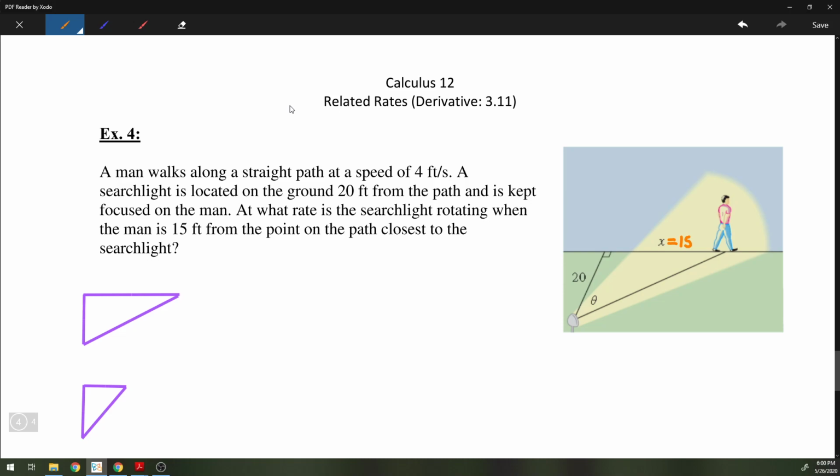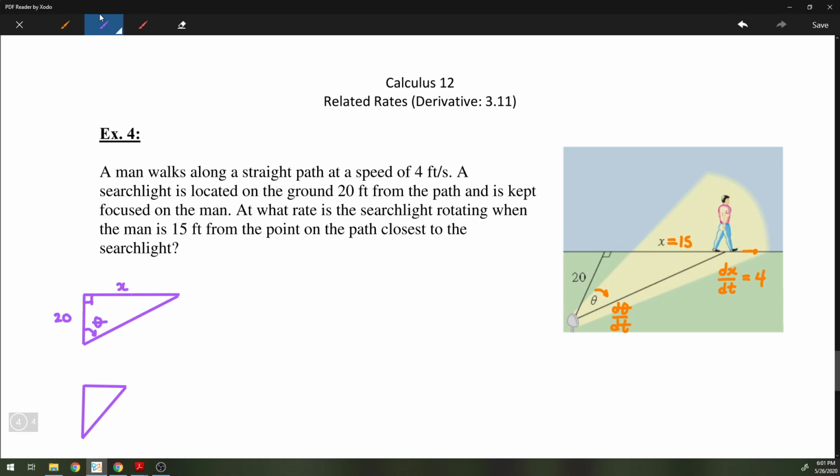The rate at which the man walks, so dx/dt, is 4 feet per second. We're looking for this rotation, which is, of course, d theta/dt. Okay, and over here on the left, let me draw the diagram again, just to make sure that everything is nicely labeled. We have 20, x, and theta.